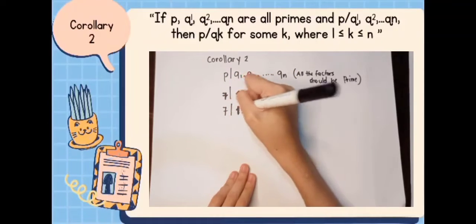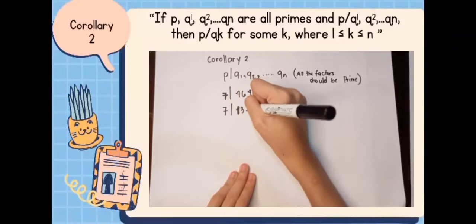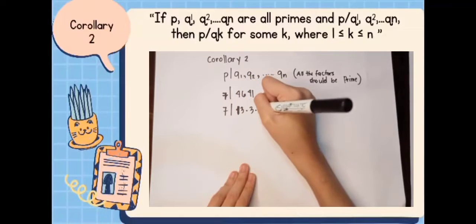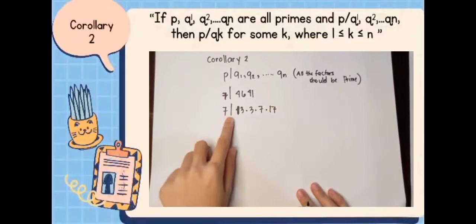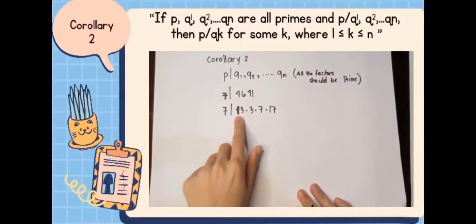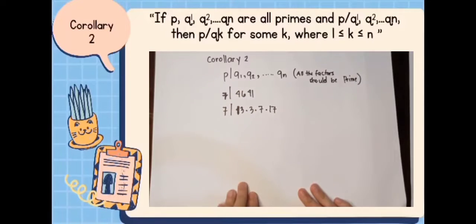So the factors would be 13 times 3 times 7 times 17. So everything is prime. If we multiply all of them together, we'll get 4,641.